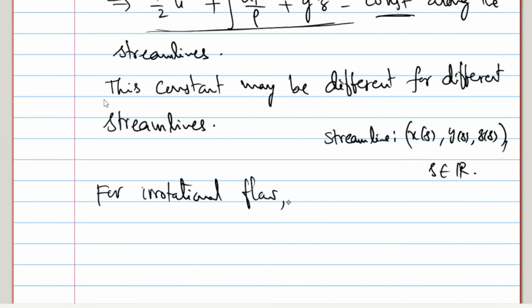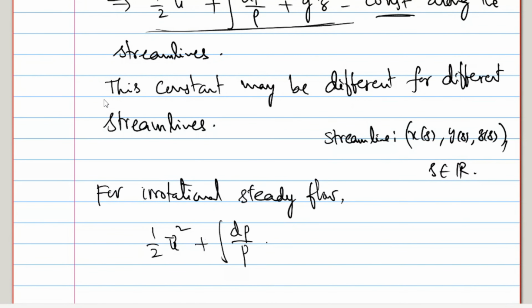So for irrotational steady flow, what you get is half |u bar| squared, where square means the modulus, plus integral dp by rho plus gz equal to constant everywhere.